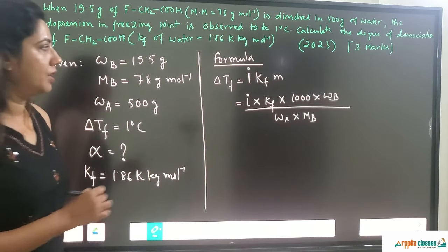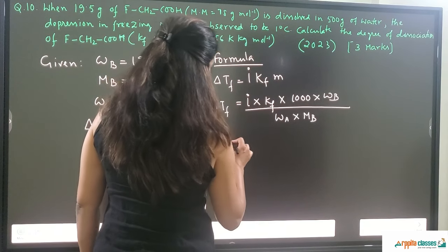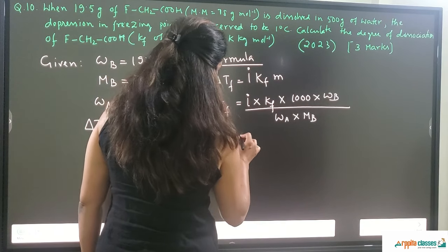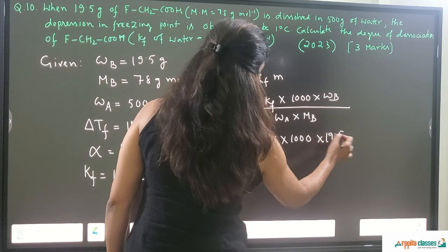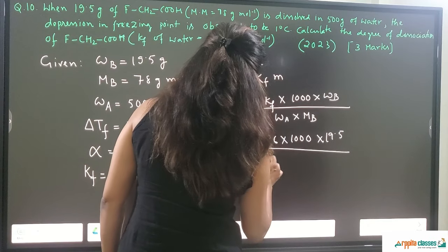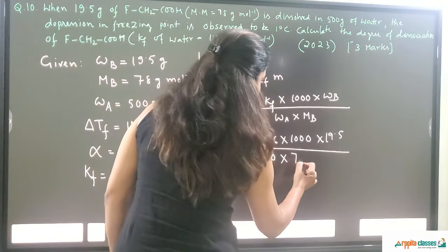Delta TF is 1. I we do not know, I will find out from here. Kf is 1.86 into 1000, WB is 19.5, divided by WA, which is given 500, into MB, which is given 78.